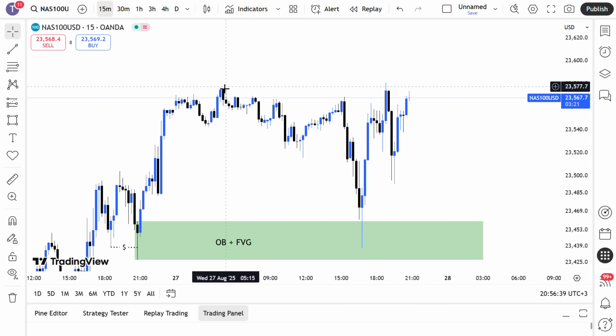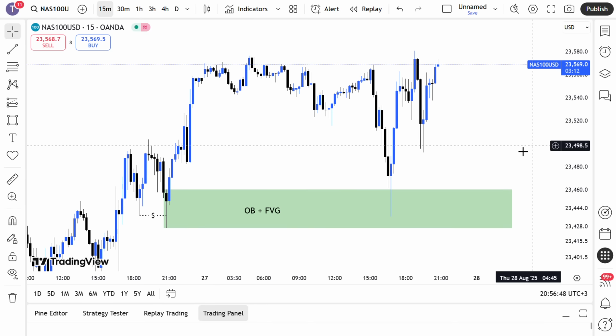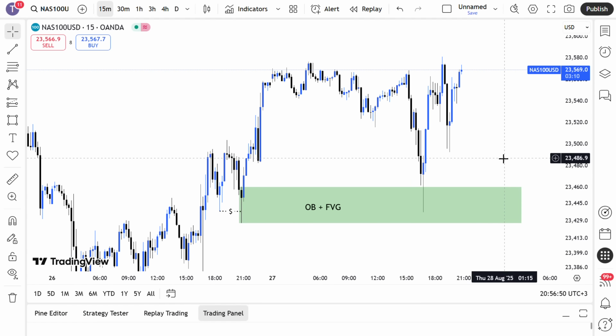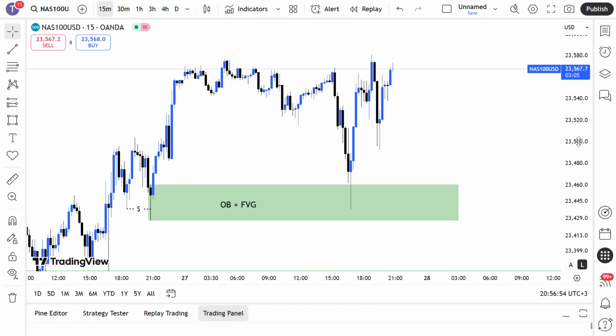But instead, the market has only swept liquidity, and we will wait to see what the market will be doing. So, I think you can learn something out of this trading setup, and that is how you can make something out of nothing.